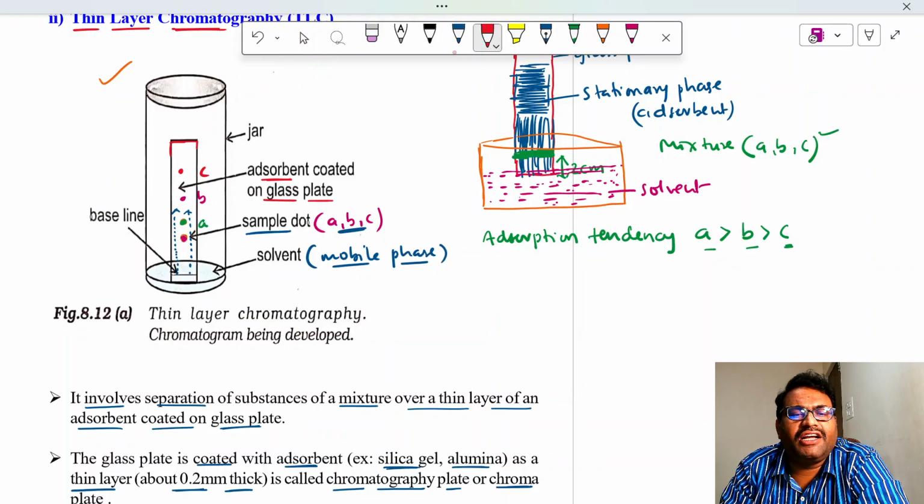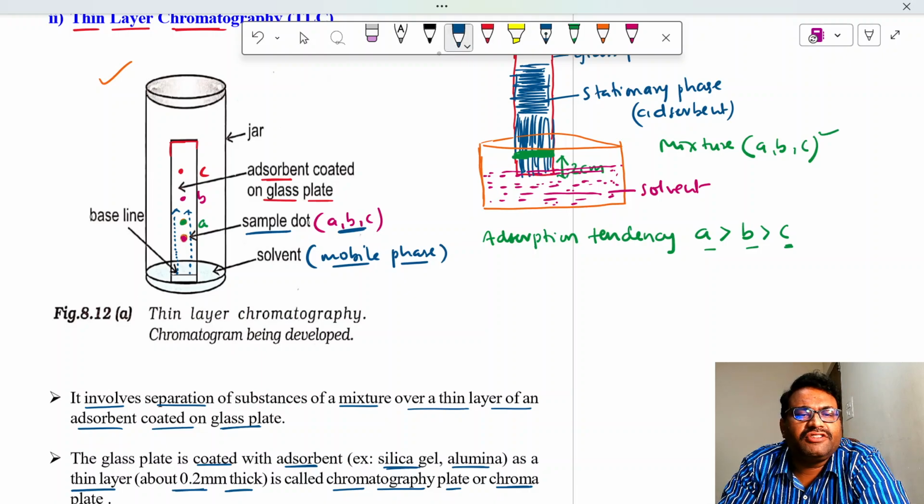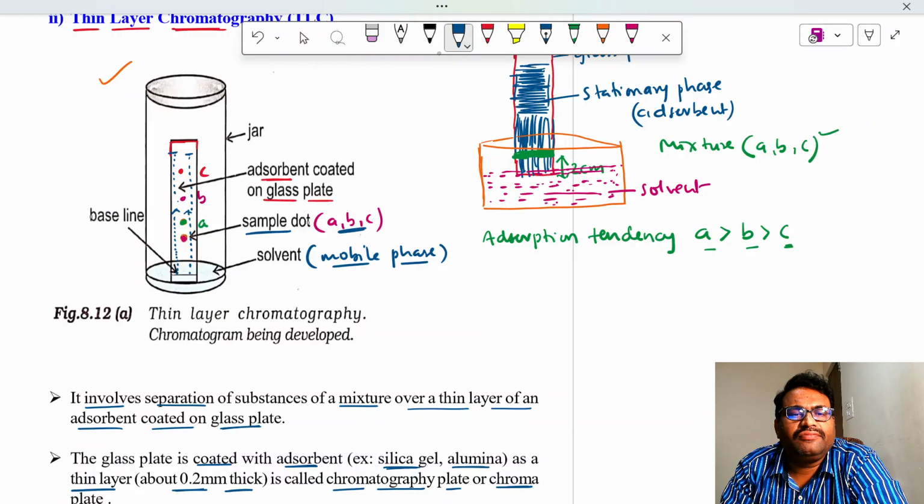If you find, the solvent moves to a very high distance, more than all these three. See, the solvent is moving up to here, right? So now, did A, B, C get separated or not? Yes, they got separated. Based on what? Based on their tendency to get adsorbed.